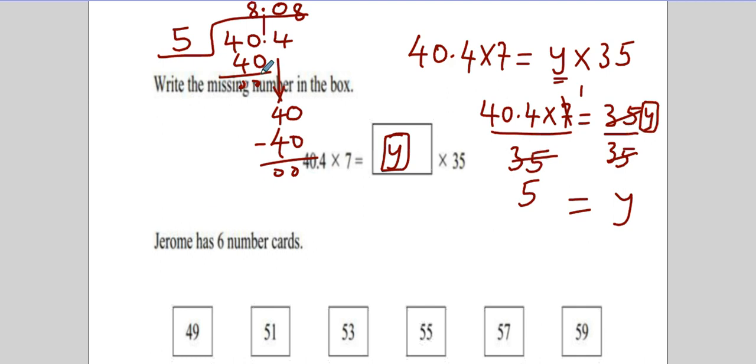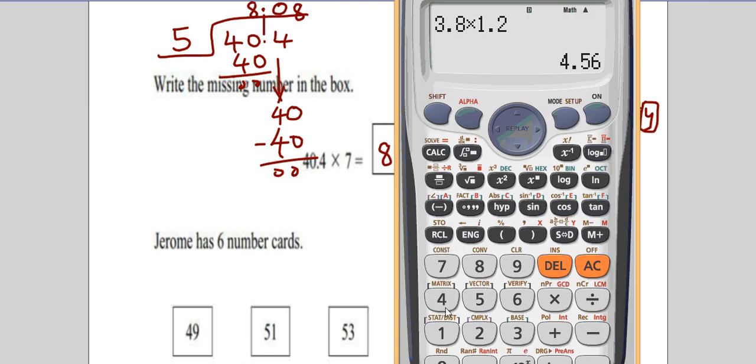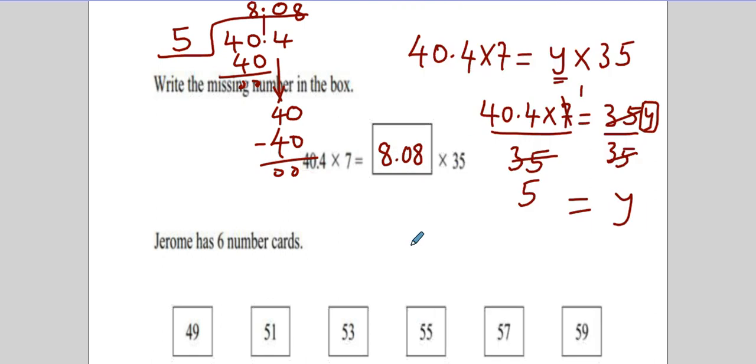Okay, so 8.08 is our missing number here, and you can do that using a calculator. 40.4 divided by 5. The answer is 8.08. So that's correct over there.